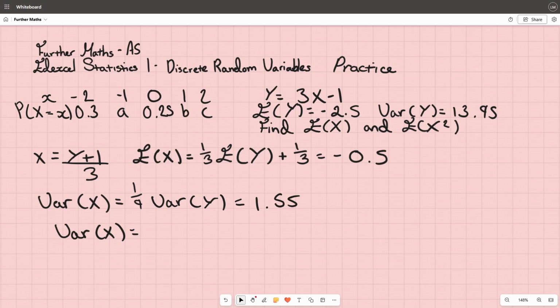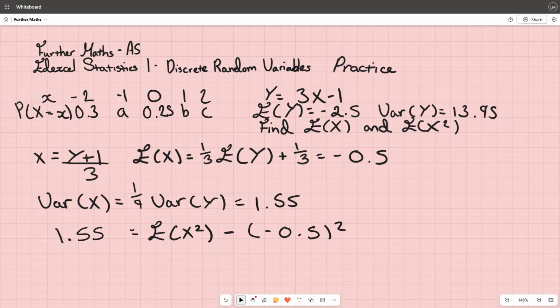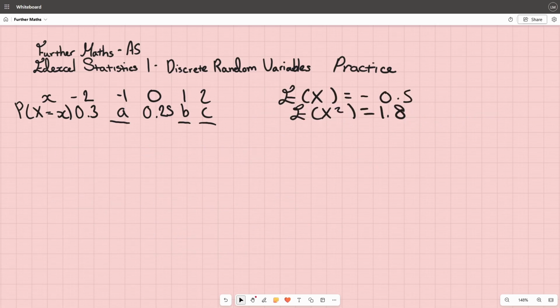So first let's write it out. 1.55 is equal to the expected value of x squared minus (minus 0.5) the whole squared. And so by rearranging, we find that the expected value of x squared is equal to 1.8.